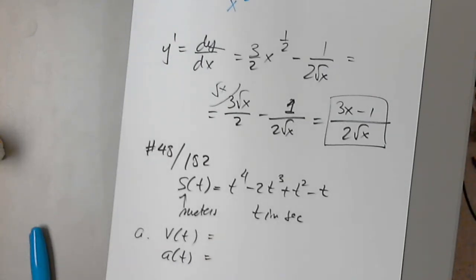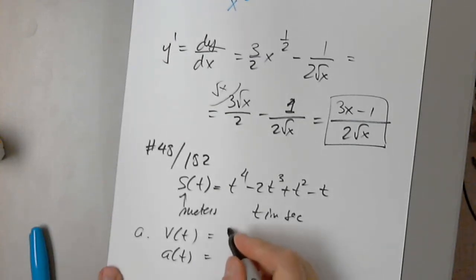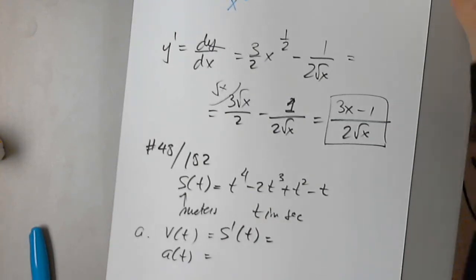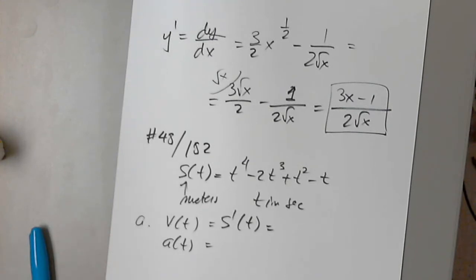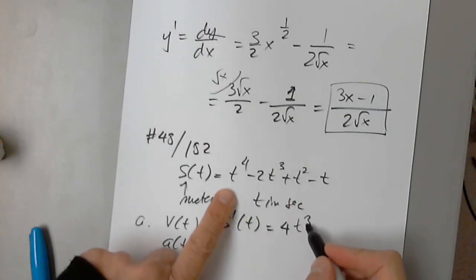So how do I determine the velocity if I have the motion function? Exactly. So this would be nothing else but the first derivative of the distance function or the motion formula. Okay, so let's do this together. We bring down 4 and subtract 1 from the power.